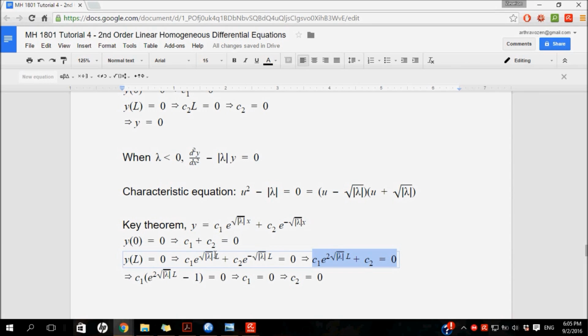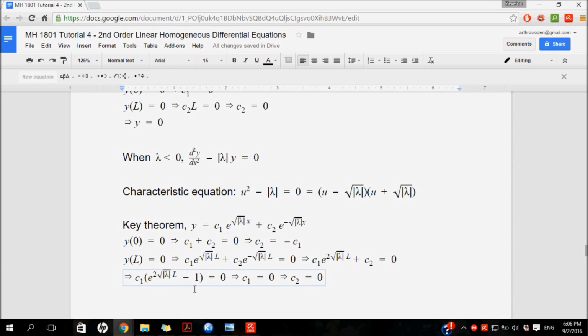What else do I know? C1 plus C2 equals to 0. What this means, therefore, is that C2 equals to minus C1. So I substitute that inside here and I produce this formula.